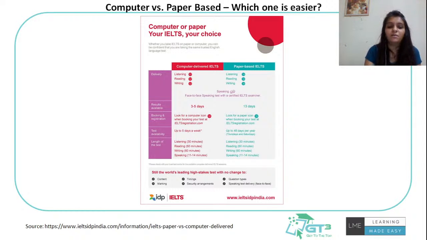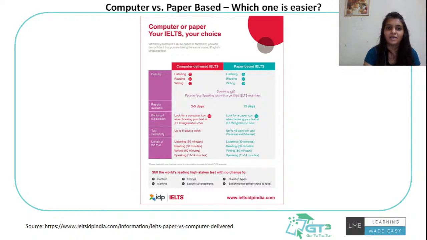Okay, you asked about paper based and computer based, so now we are coming to that point. Let me explain exactly what the paper based and computer based exam are. The marking criteria are one and the same, and the format is one and the same. However, the difference is that in listening you are not allocated 10 extra minutes for the computer based.